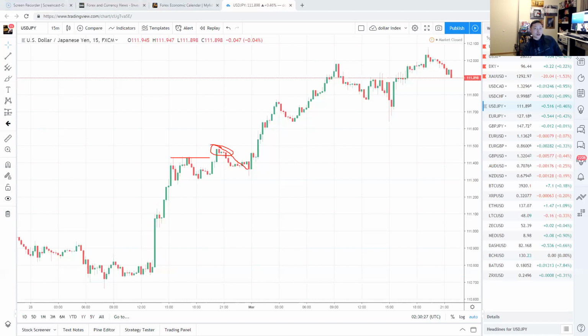You can see that it's just continuing up, breaking past resistance, breaking past resistance, breaking past resistance here, creating a new high, came back down as a pullback, went back in, and it targeted a little bit higher than this one at 112. Let's count the wick at 112, almost 112.1. So another 10 pip gain off the wick.